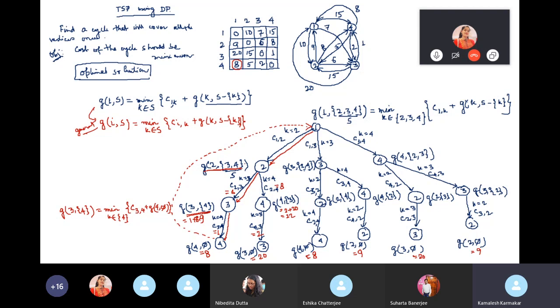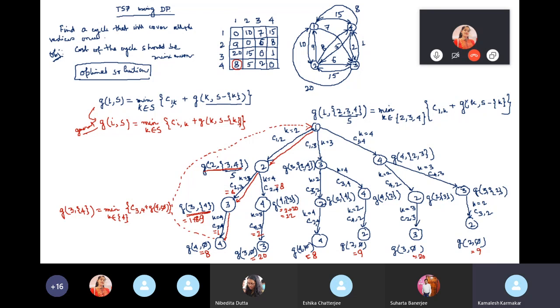For this function, we have two paths. In one path, the next vertex is 3. In another path, the next vertex is 4. If we follow this path, the next vertex is 4 and 3. Among these two paths, which one is the minimum will be accepted here.